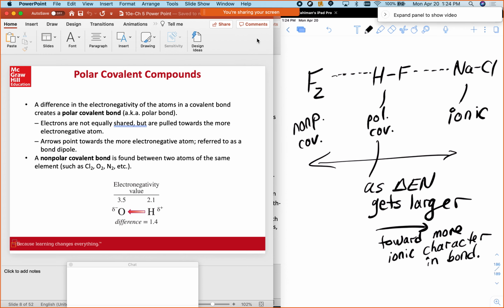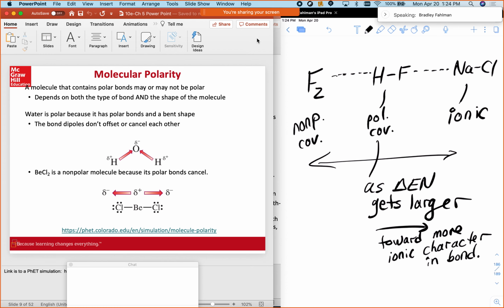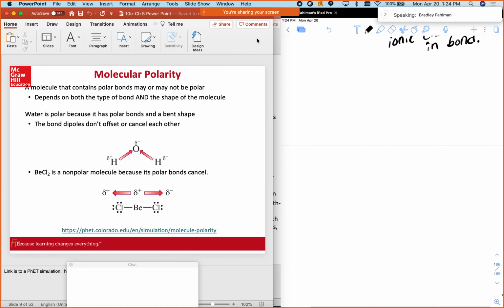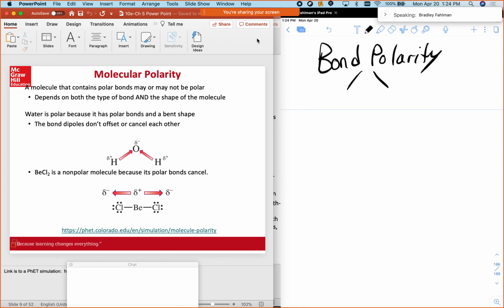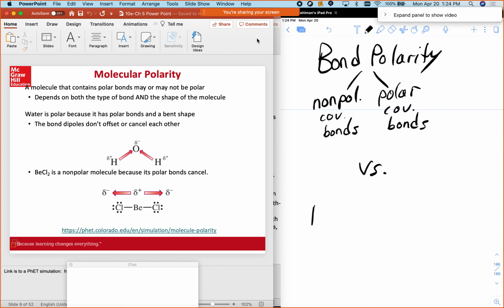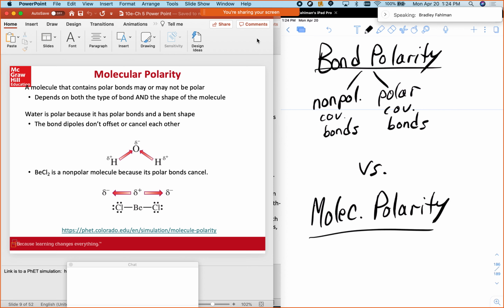All right. So we talked so far about bond polarity, whether you can have nonpolar or polar covalent bonds. Now we're going to look at molecular polarity, and these two do not have to be the same.